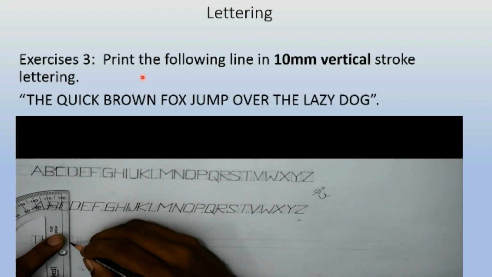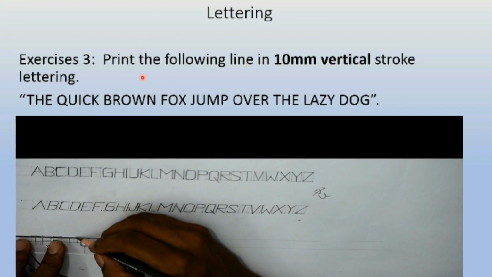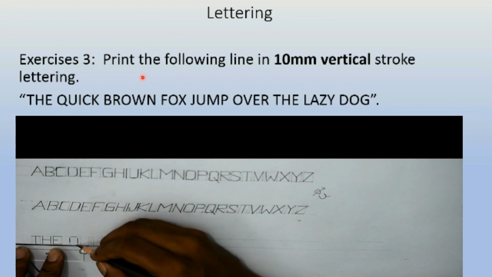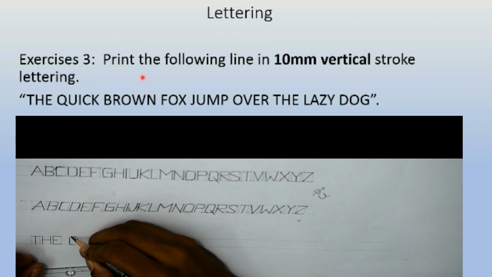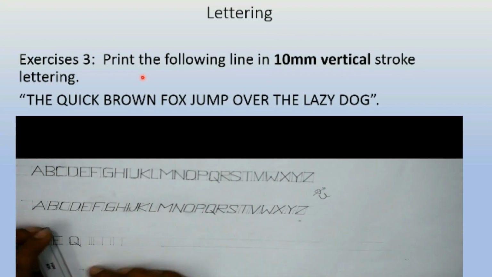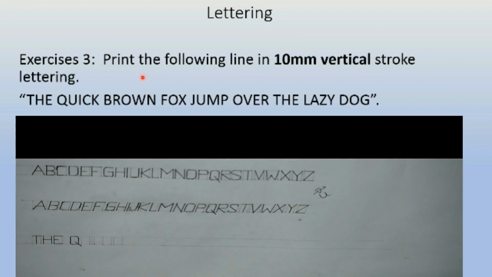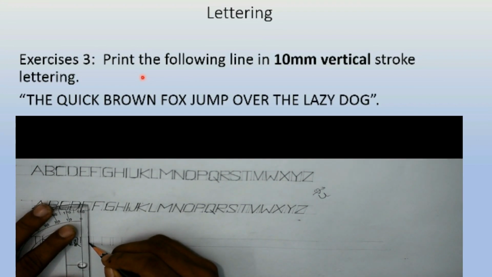So for Q, as we have drawn earlier, we will draw straight lines first, then we will join with both curves. And now U appears on this sheet for the first time.